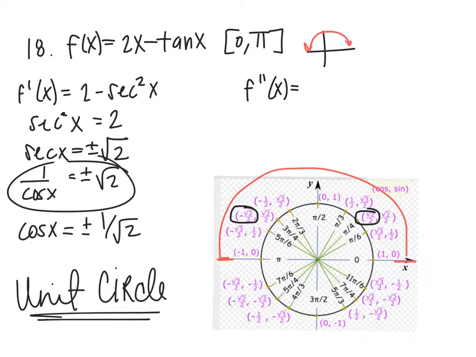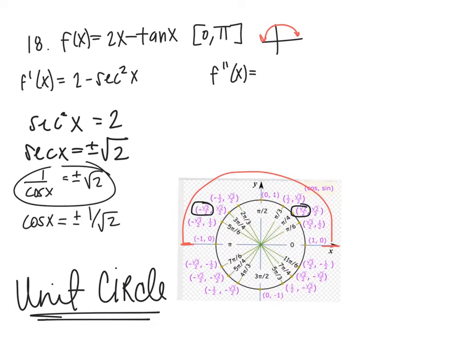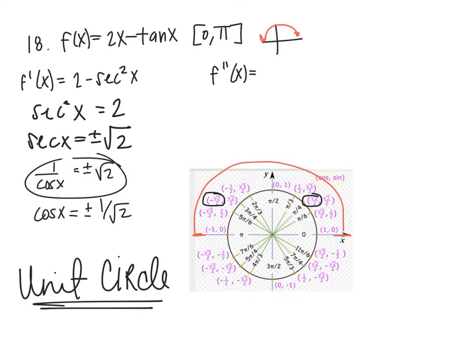All right. So we've got critical values. Let me minimize that a little bit. We've got critical values at x equals pi over 4 and 3 pi over 4 because f prime of x is equal to 0 there.